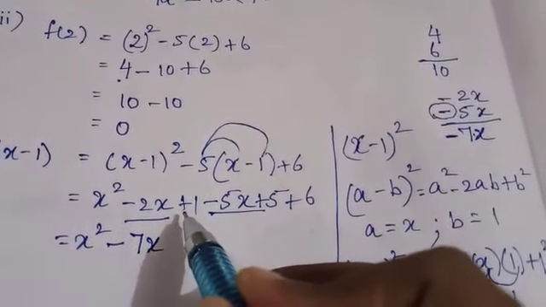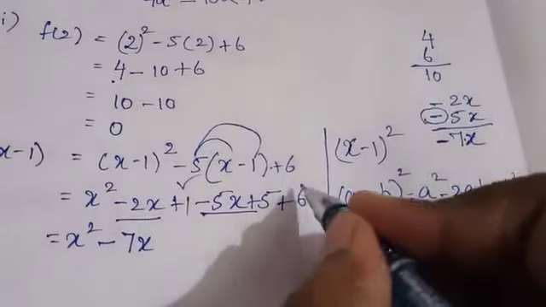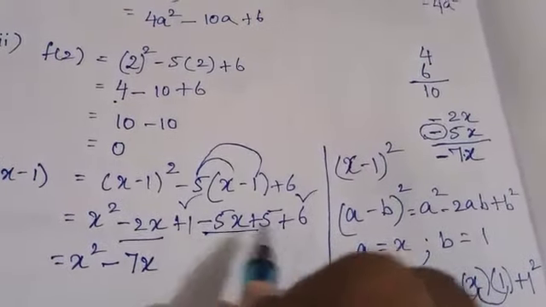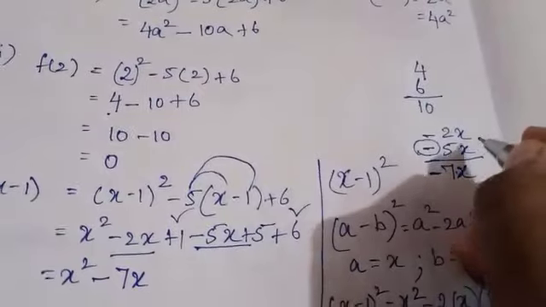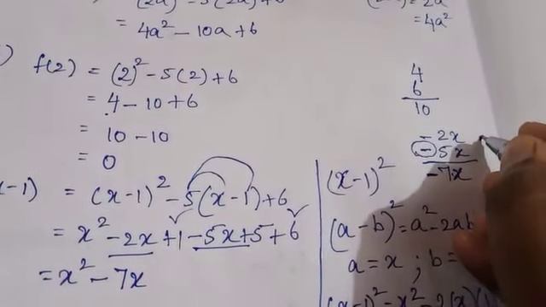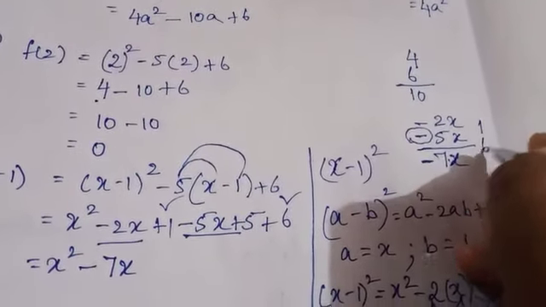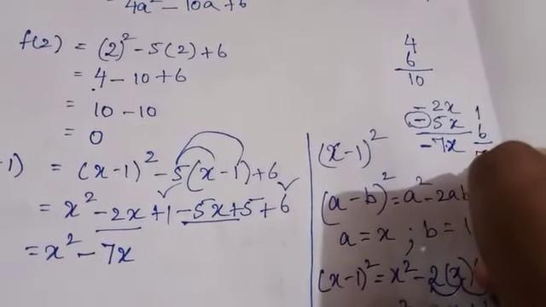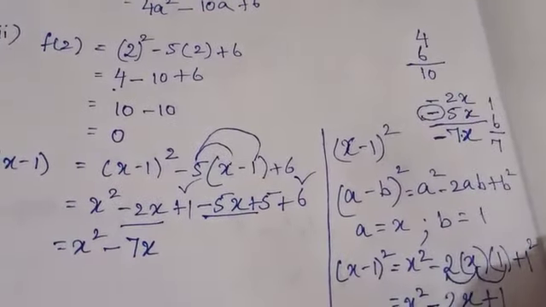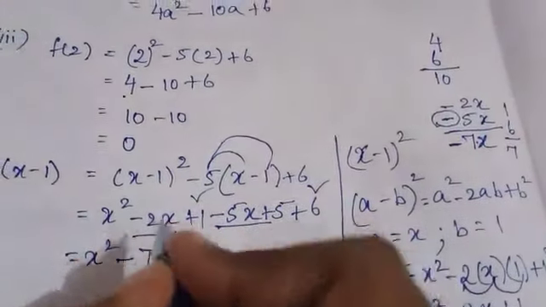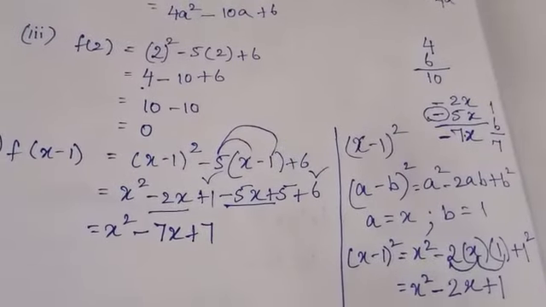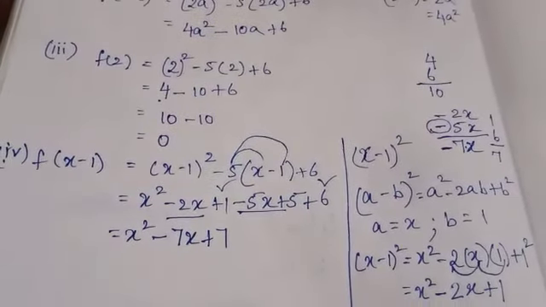Next, the remaining constants are 1 and 6. Both have the positive sign, that is plus 1 and plus 6. So 1 plus 6 is 7. Yes, plus 7. Understood, students?